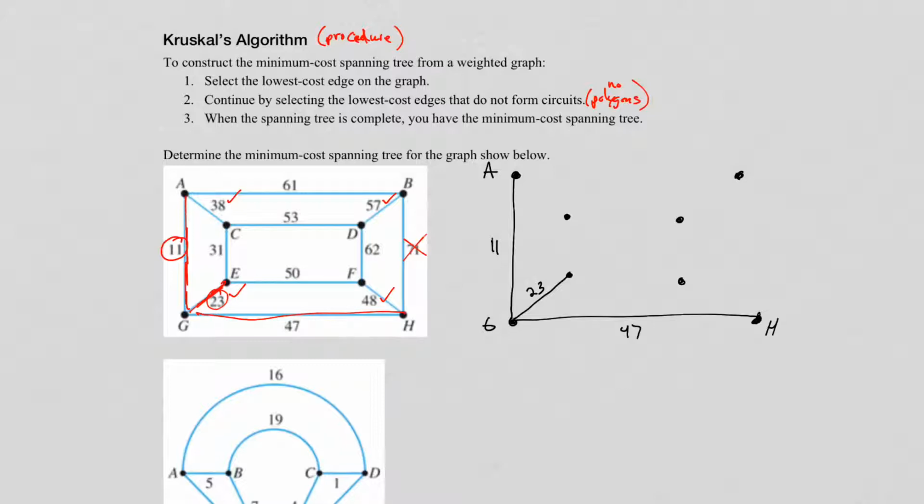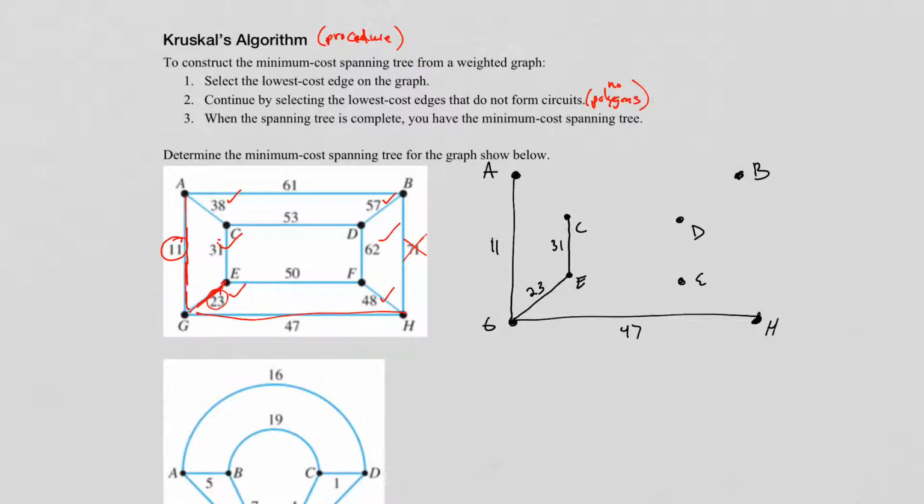All right. So let's choose between 31 and 62. 31 would be the smallest. This is going to get us to the top, or almost to the top. All right.